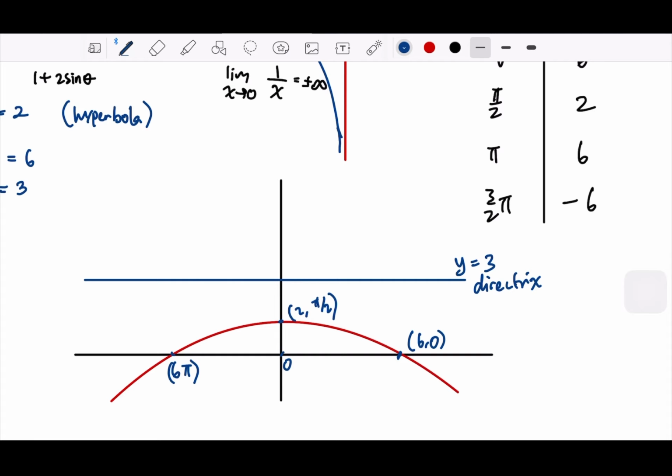This is a combination of Cartesian and polar, so the point I'm writing in polar. We start from here, going here, going here, so pi. And if we want 3 over 2 pi, it should be going down here, so this is negative. So where should we put our negative 6? Yes, here. And that will be our other branch of the hyperbola. Okay.